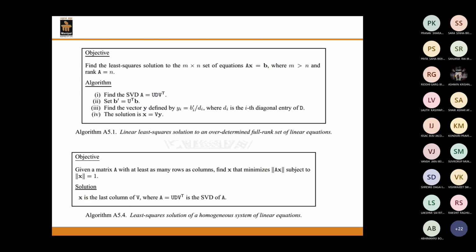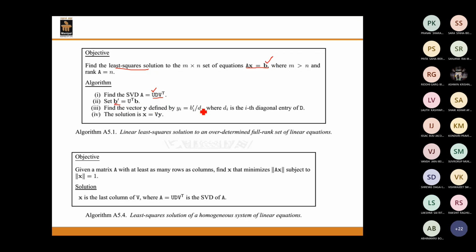How we use that is, if we are using it for a least square estimation problem, let's say given by Ax = b, then you try to factorize A, and then you find a vector b' which is equal to U transpose b, where U is the orthogonal matrix and b is the constants over here, right?